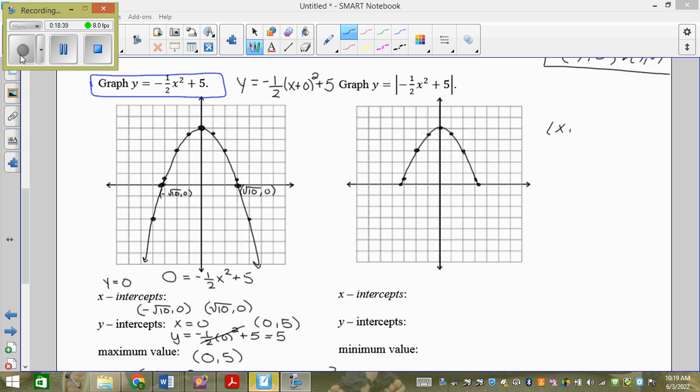Because remember, my (x, y) becomes (x, absolute value of y) when we use mapping. What's my (x, y)? It's going to be negative 4, negative 3. It is going to become negative 4, comma the absolute value of negative 3, which is negative 4 and 3. So now it's upwards.